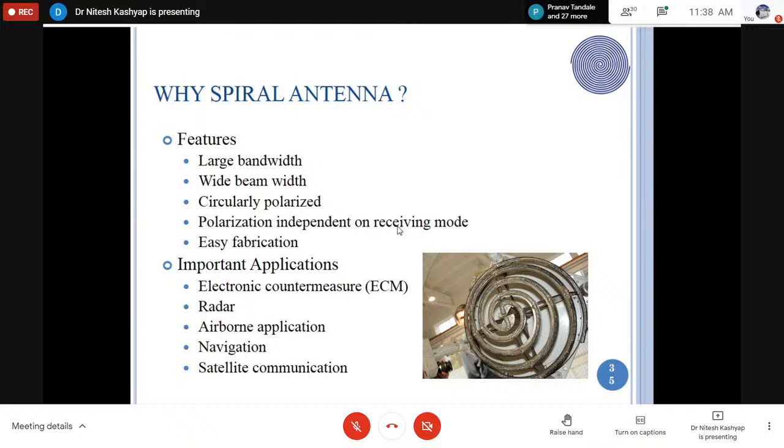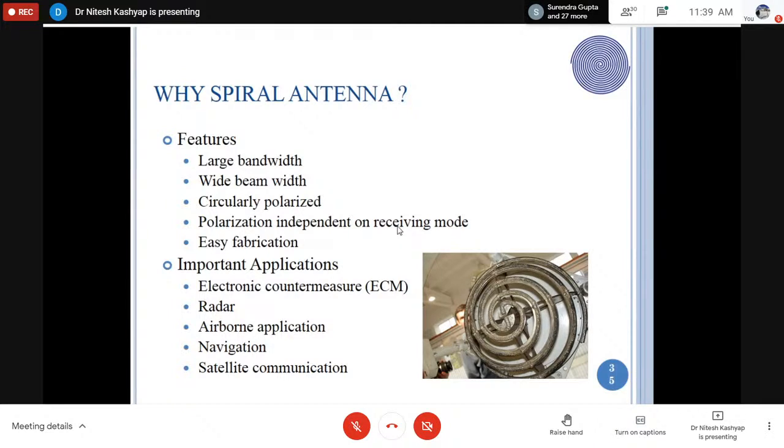The second one is radar application, and we can use it for airborne applications. If you use the antenna on the surface of a plane or any other aircraft, the plane is not oriented in a single direction, so you need to design an antenna which is orientation independent.